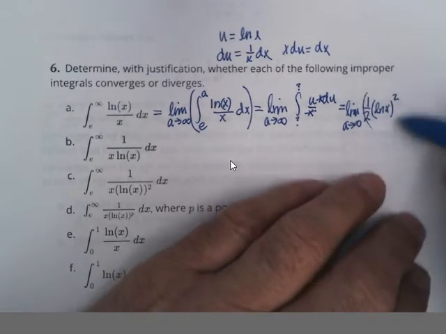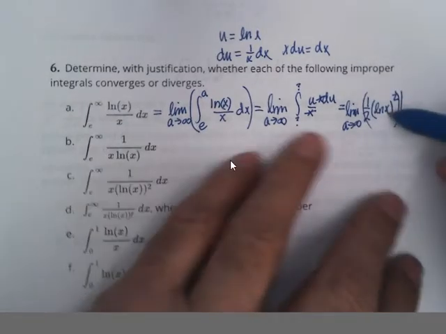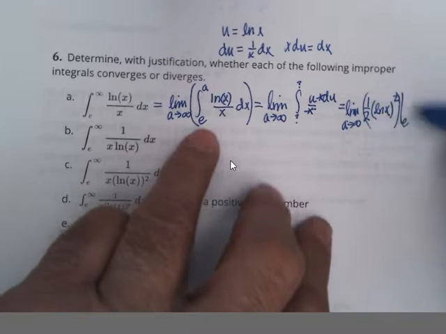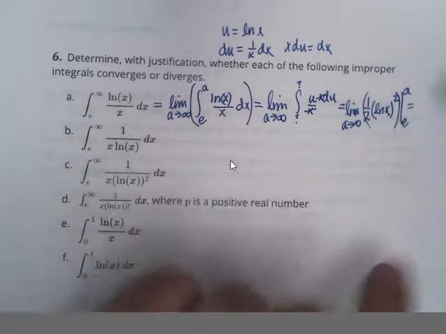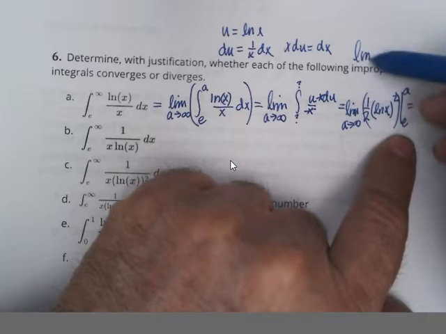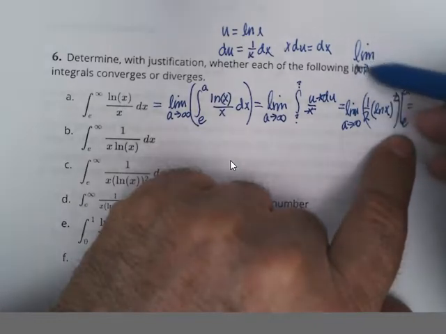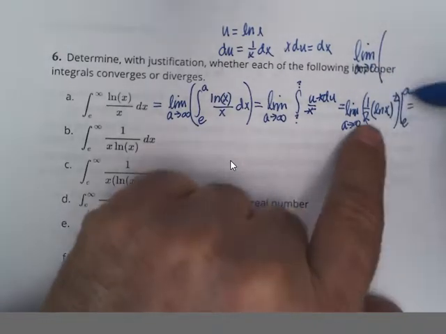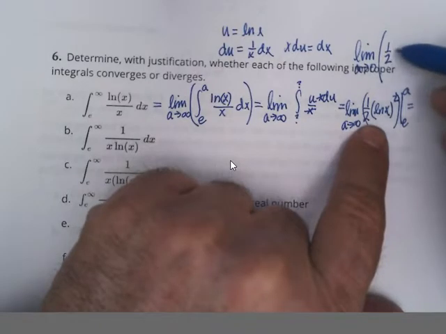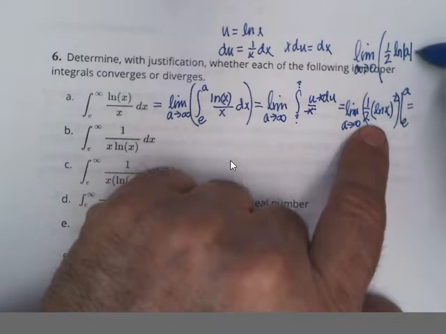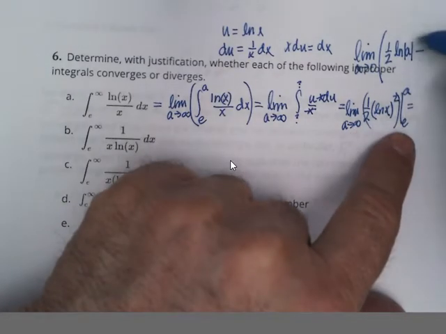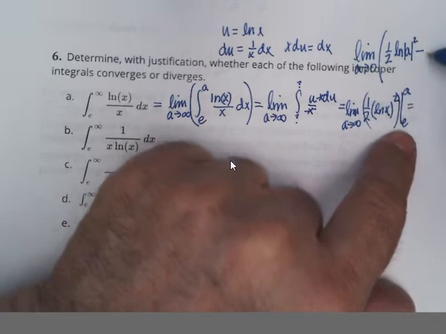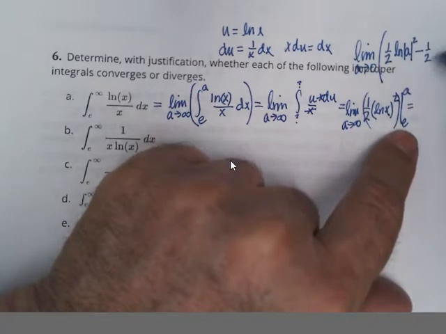So what does this turn into? And now we're evaluating it. I'm back in x, so I'm going to go from e to a. So I get the limit as a approaches 0 of, put in the a, 1/2 ln of a squared, minus 1/2 ln of e squared.